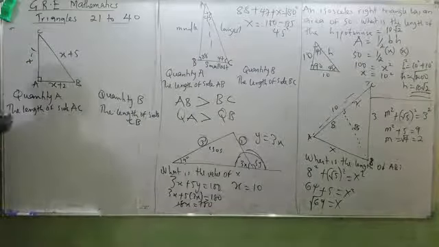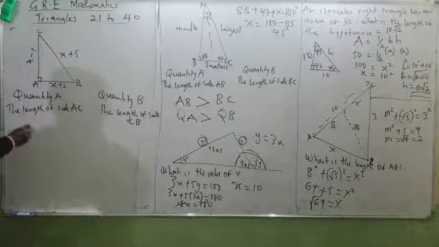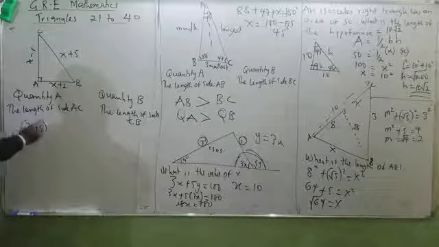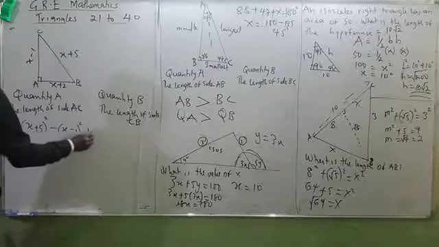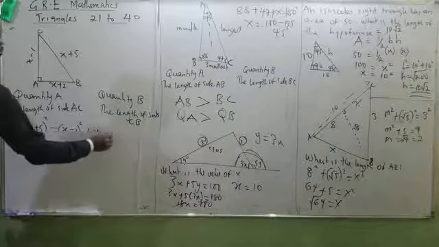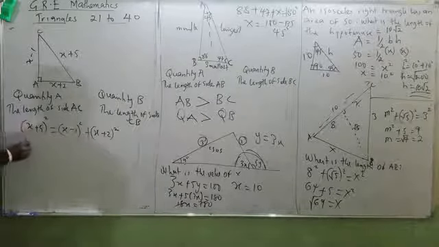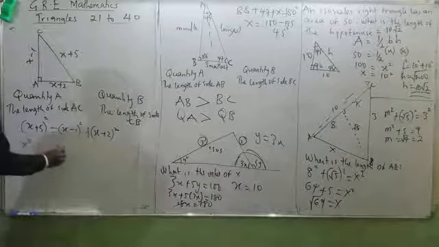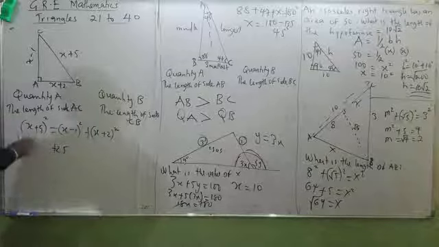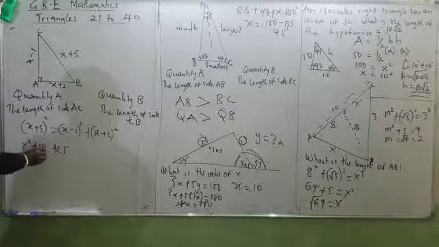What you just need to do is square everything. It means x plus 5 squared equals x minus 1 squared plus x plus 2 squared. That is all. Now this one will be x squared plus 25, and multiplying them together and doubling it, I will have plus 10x.